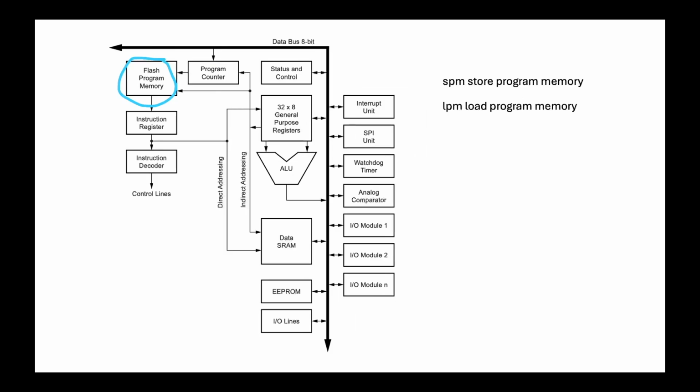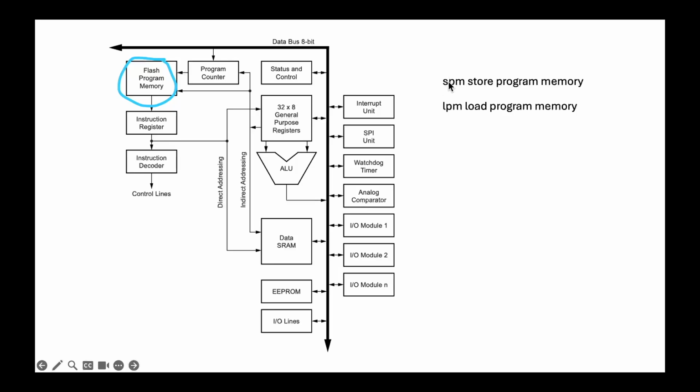So we got SPM and LPM, and we're going to use them a lot. And these instructions are somewhat overloaded. We are going to use SPM in a lot of ways. So there is a hidden memory page somewhere here, which is 128 bytes wide, and we're going to write data to it through the store program memory instruction.